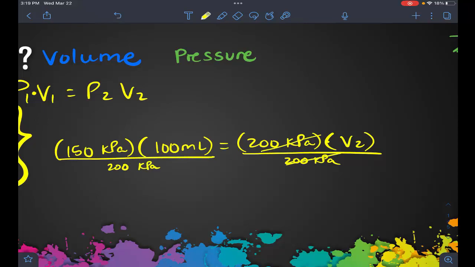That cancels. And so I have V2 equals 150 times 100 divided by 200. The units kPa canceled. My ending unit is milliliters. So this is what I'm going to do in my calculator. 150 times 100 divided by 200.